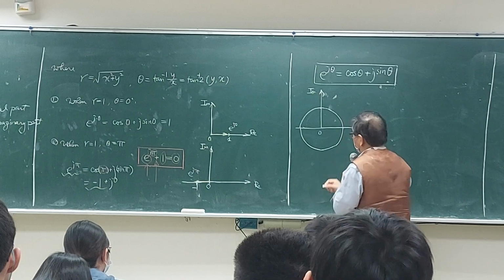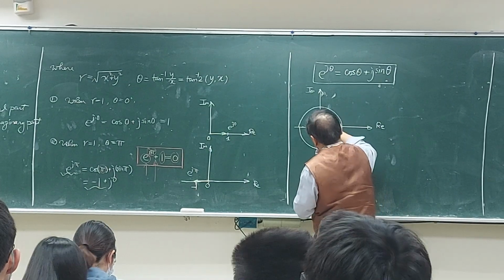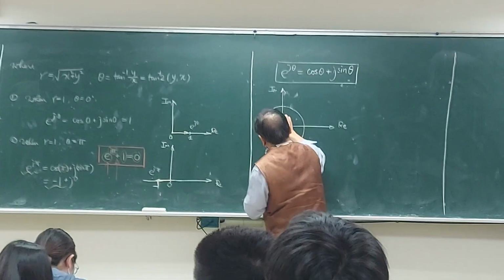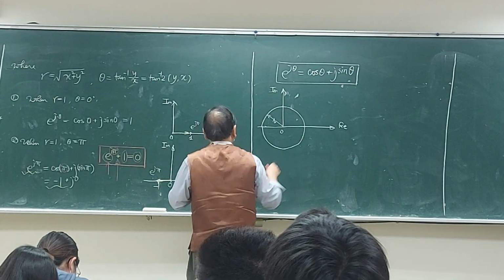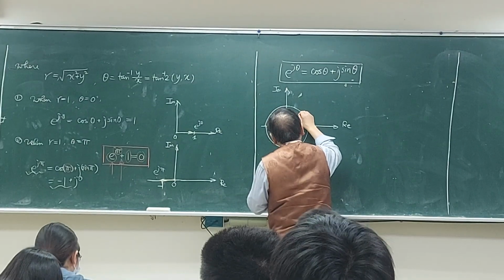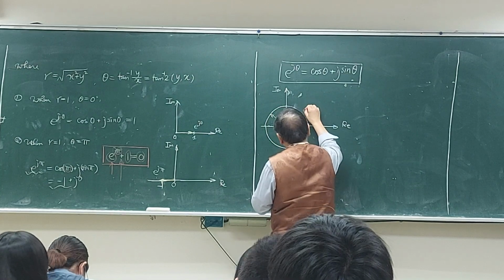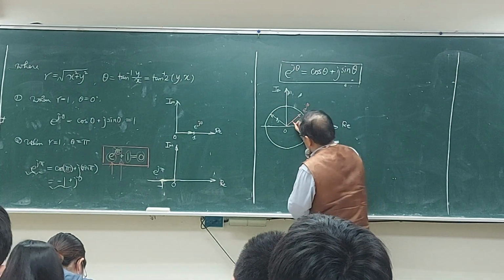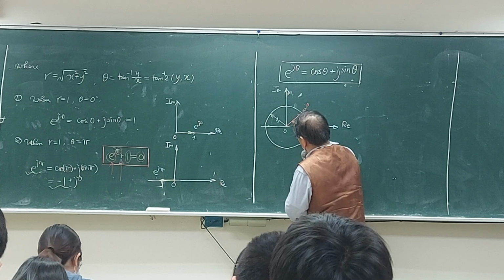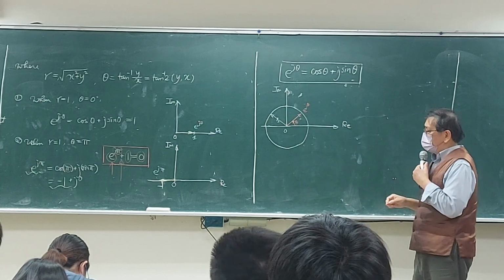Suppose this is the unit circle. So the magnitude is 1. And then we have e to the j theta over here. The angle between this complex number e to the j theta and the positive real axis is theta.